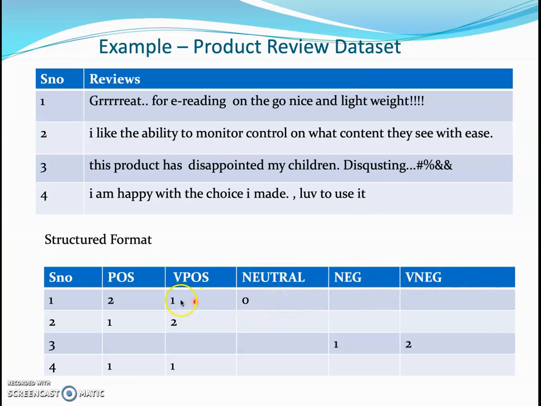It has various columns like positive, very positive, neutral, negative, and very negative. These are the features which have been taken from the above sentences for each of the reviews. Machine learning may not understand text but it can understand the structured format. Hence, the various steps of preprocessing have to be applied before converting it into a structured format.